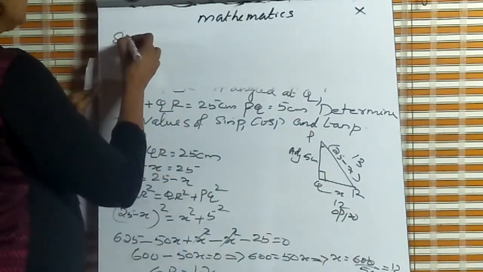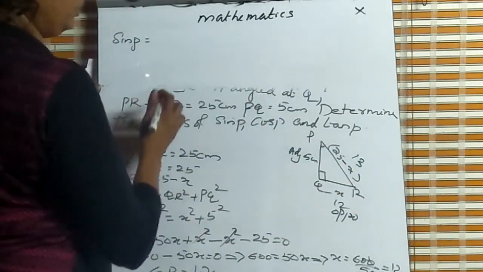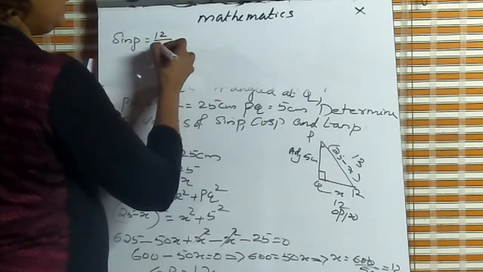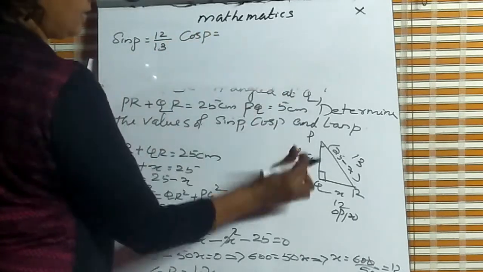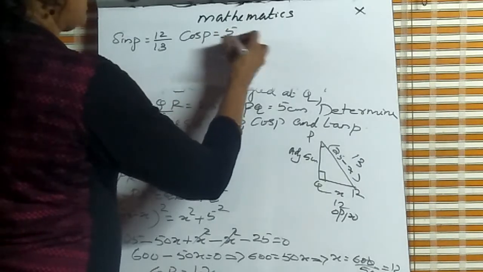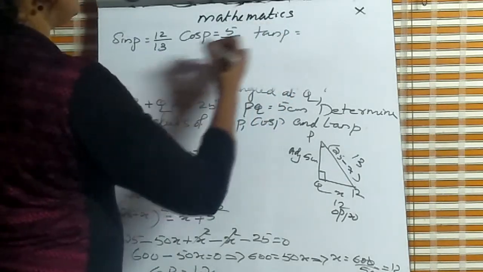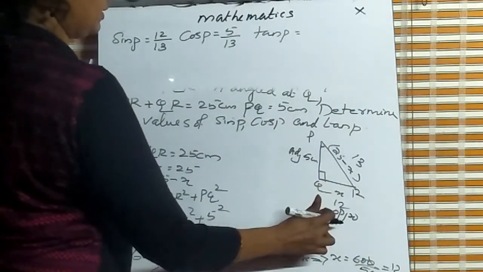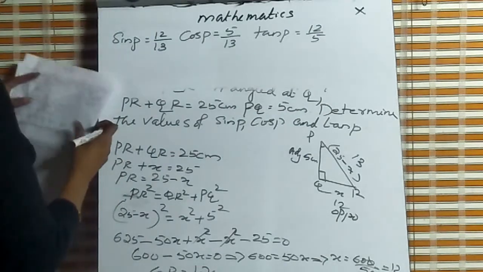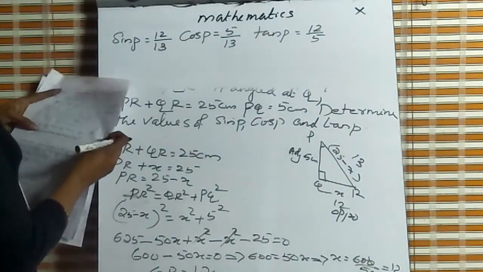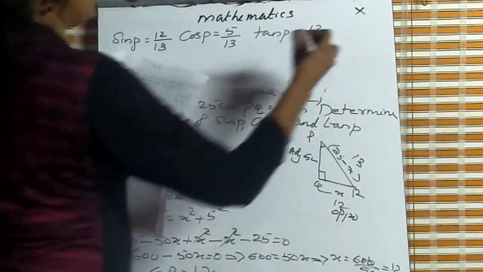Sin P is opposite side by hypotenuse, 12 by 13, cos P is adjacent side by hypotenuse, 5 by 13, and tan P is opposite side by adjacent, 12 by 5. So our answer is sin P 12 by 13, cos P 5 by 13, tan P 12 by 5.